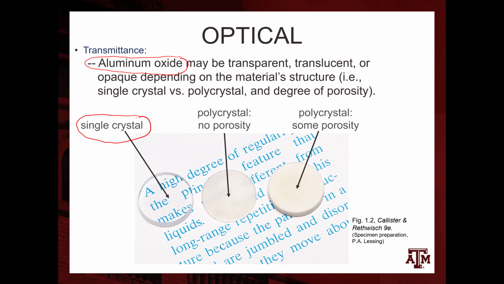However, if those photons have wavelengths on the same size as underlying microstructure features like grains, for example, or porosity, then they will interact with those and be scattered, and therefore the material will become less and less transparent.